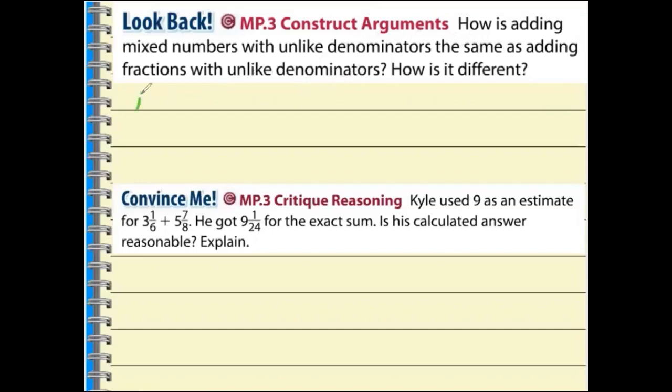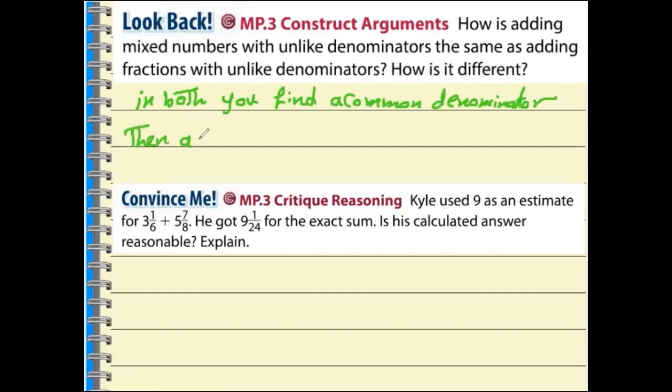So I can say in both, you find a common denominator, then add. This is what we do in both fractions and mixed numbers. Find the common denominator, then add.